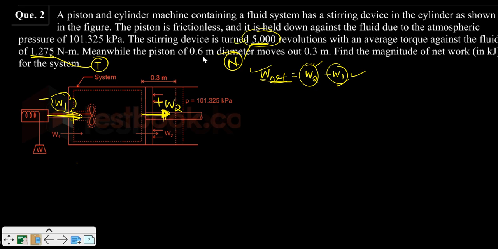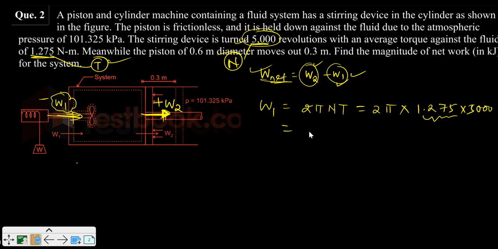If we know n and T, then W1 will be equal to 2 pi times nT. 2 pi are constants, so this is 2 into pi into 5000 into 1.275, so we are getting 40055 joule.